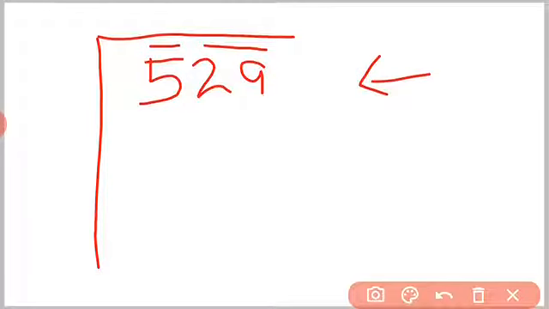We see that the number is a perfect square, and there are 3 digits in the perfect square. So how many digits will be there in the square root of 529? Yes, there will be 2 digits. So let's start.